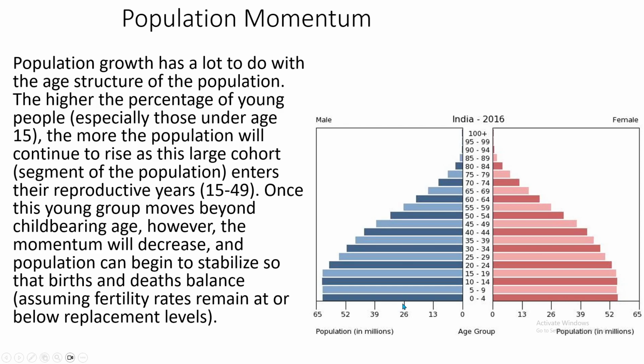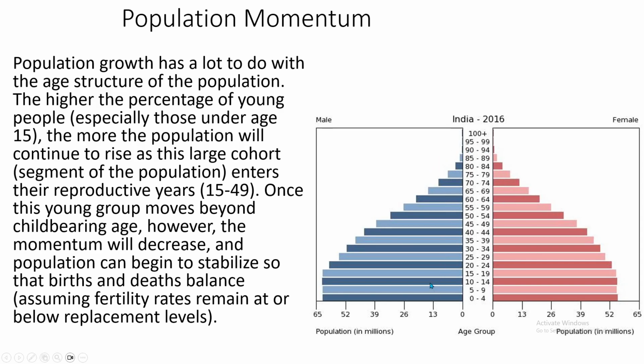Why is that? Because it's still a larger cohort being born than the number of older people who are likely to die. Because we can see that these older age brackets are less than 13 million, many of them. These are the people who are likely to pass away.